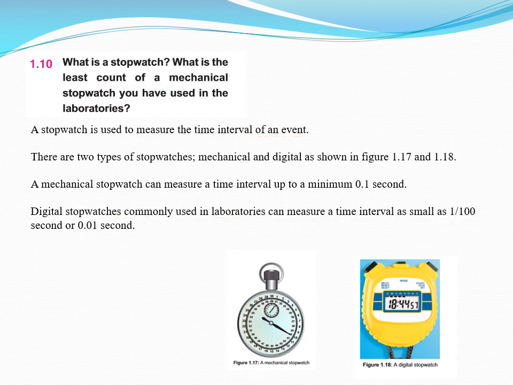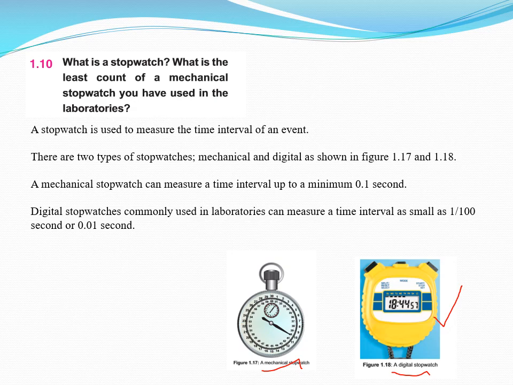Dear students, please note a point here. If we compare these two stopwatches and it is asked which stopwatch, either mechanical or digital, is more precise, in this case the digital stopwatch is more precise as compared to the mechanical. Why is it so? Precision is related to least count.